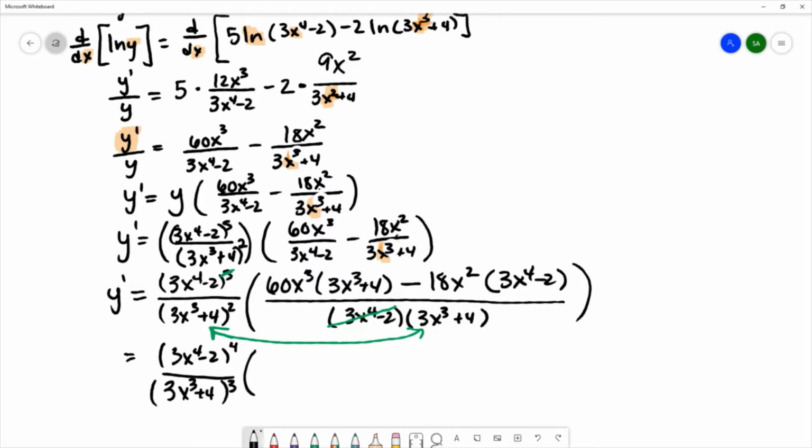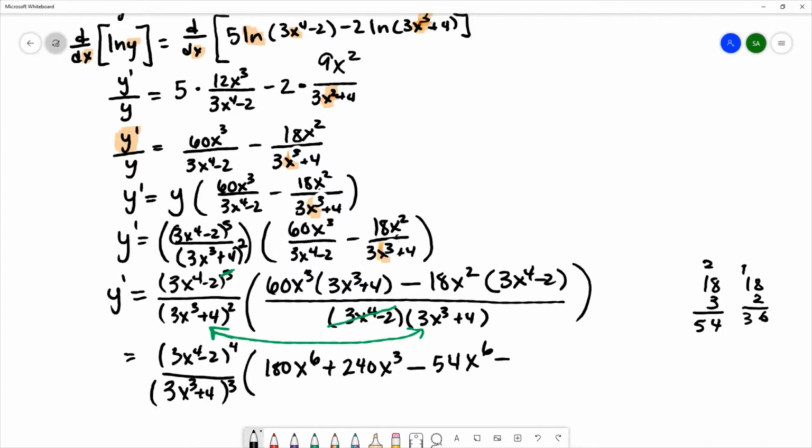So that would become 180x to the 6 plus 240x cubed minus 18 times 3. 18 times 3 would be 54, minus 54x to the 6, minus 18 times 2 would be 36, minus 36.